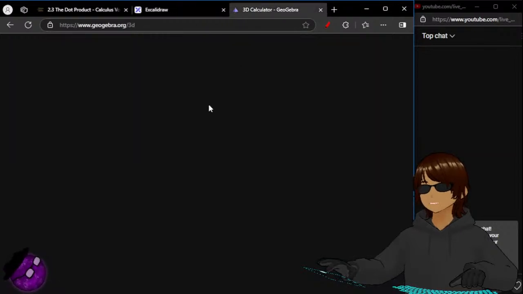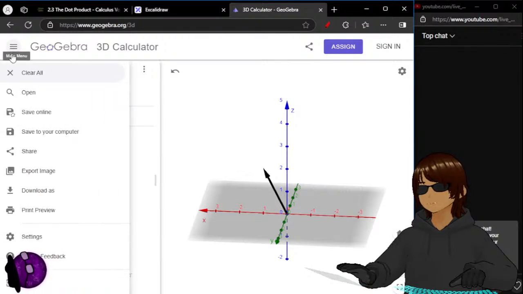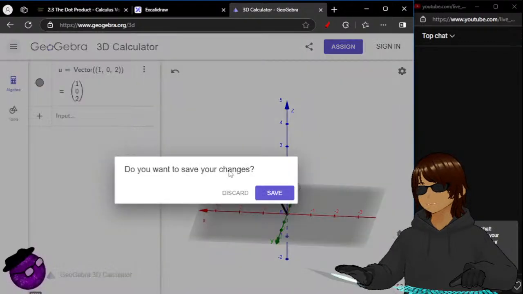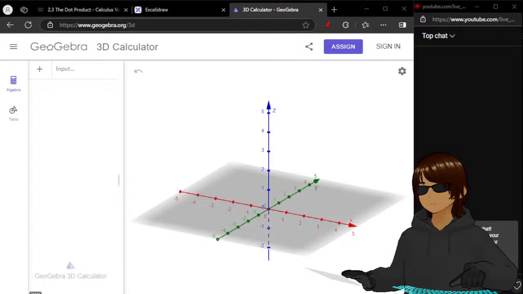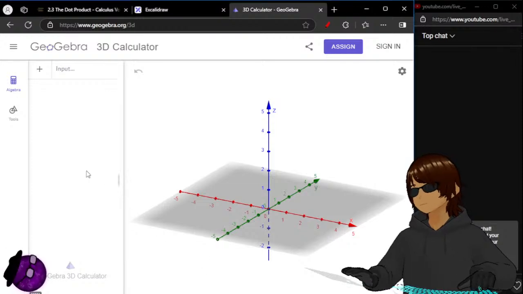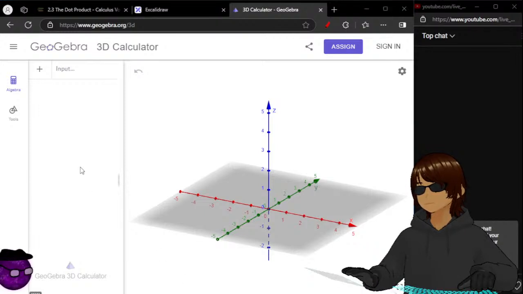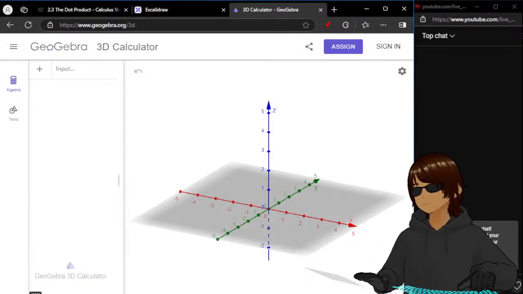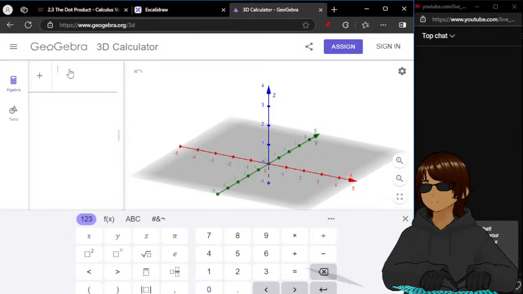Does GeoGebra have its own calculator? If I do, does it show? Okay.